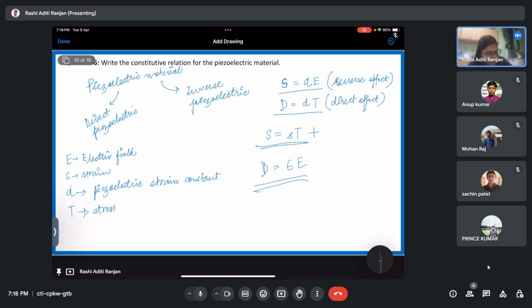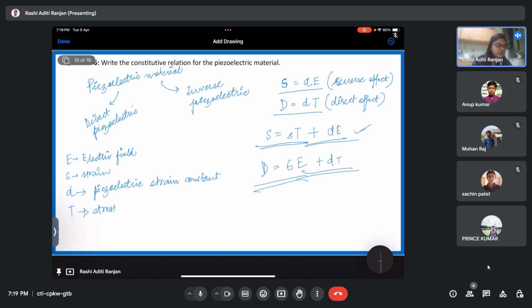I'm just going to add plus d to T. Now this gives your constitutive relation for the reverse effect, wherein my strain depends upon both my stress as well as my electric field, which is correct for an electroelastic material, and then my dielectric displacement is going to depend upon the stress as well as the electric field. I hope that this is very clear.